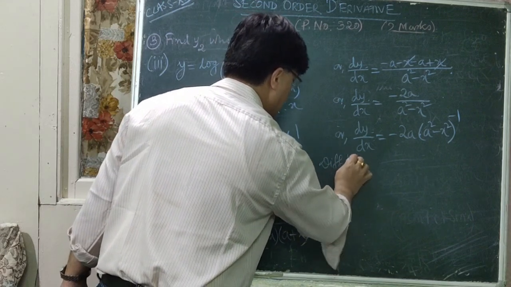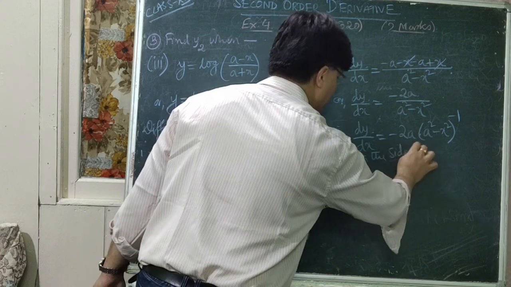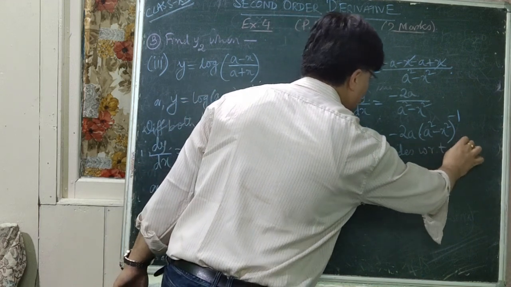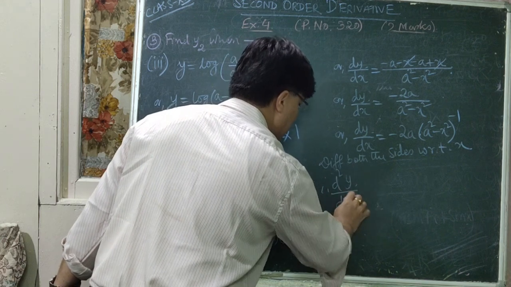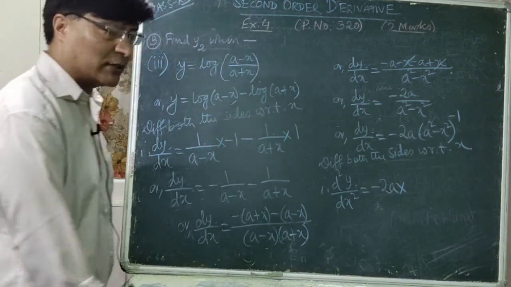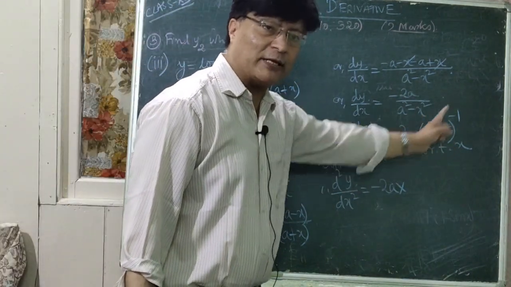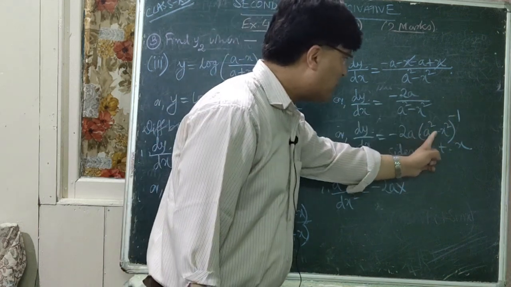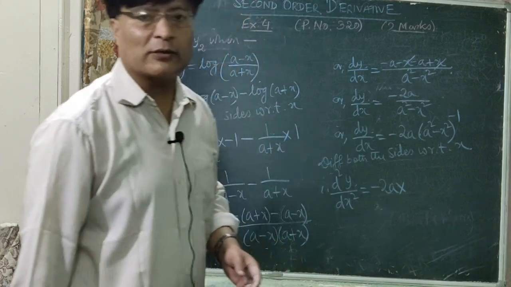Okay. Now we can differentiate it. So differentiating both the sides with respect to x, d2y by dx square is equal to minus 2a remains same because that is constant. So how can you differentiate this expression? It is in the form x to the power n. A square minus x square is the variable that is taken as x, and power minus 1 is a constant.